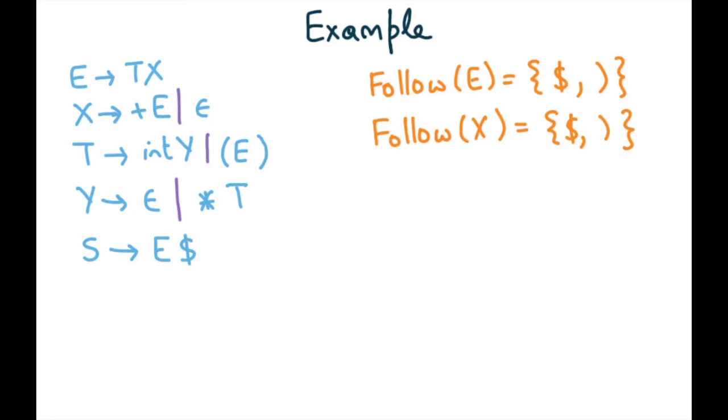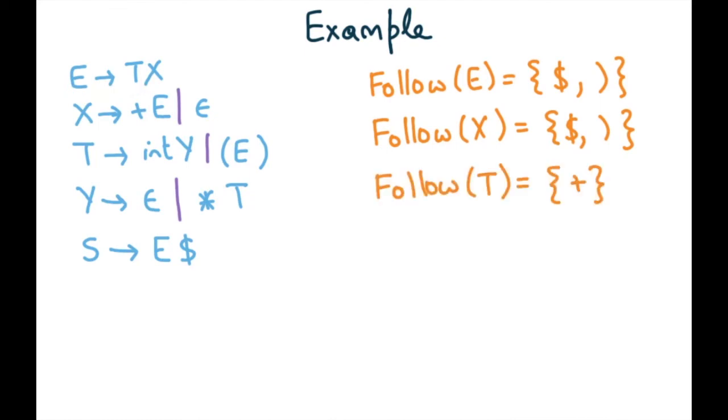Now let's look at follow T. So where all does T occur? T occurs in the production of E, so E can produce TX. So anything that is in first of X, except epsilon, would be a part of follow of T. One thing that's in first of X is the plus token.